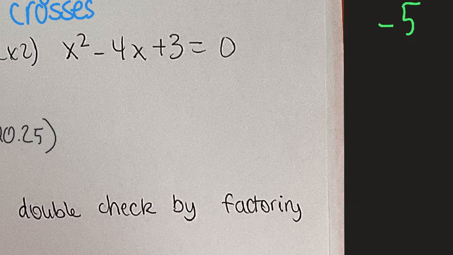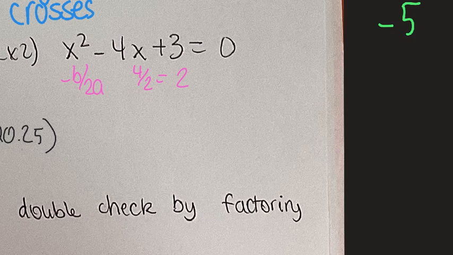Okay, so what was our first step again? Our first step was negative b over 2a. Pause the video. Figure it out. I got 2.